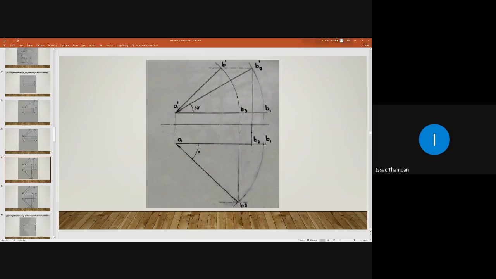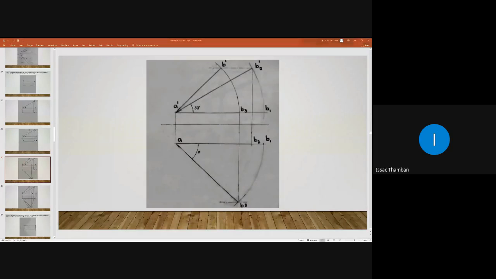Take that radius in your compass and intersect here so that you will get the position of B3. So this is the true length and this angle is the true inclination of line AB with respect to HP. This is phi. What is the value of phi?